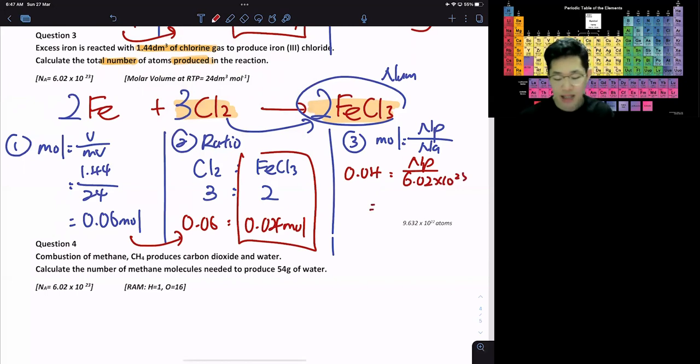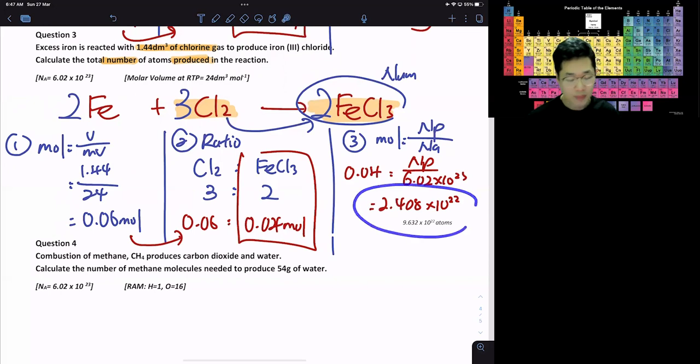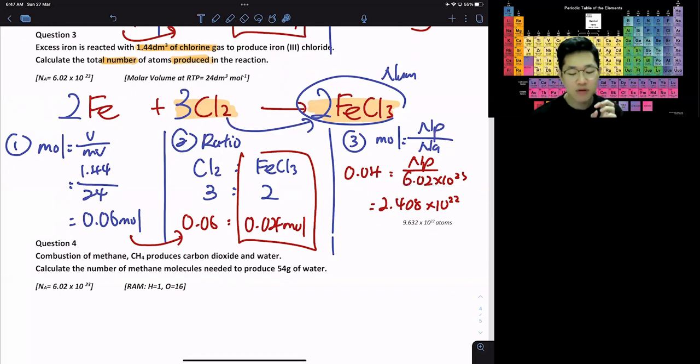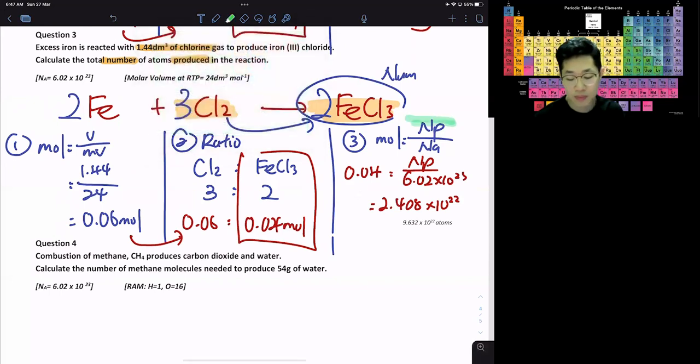And I will get 2.408 times 10 to the power of 22, which is different from the answer. Why? Okay, see, every time you calculate number of particles, particles can be in these few units: atom, molecule, ion, or unit formula.